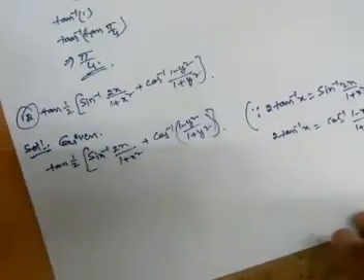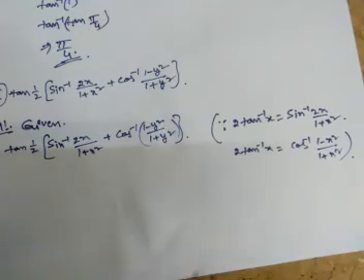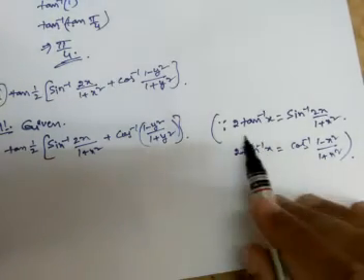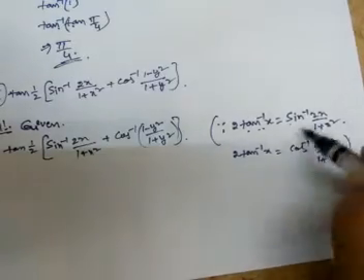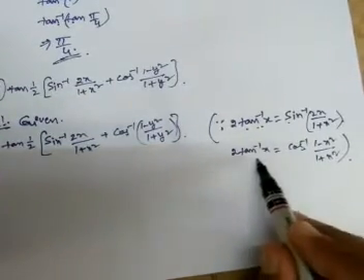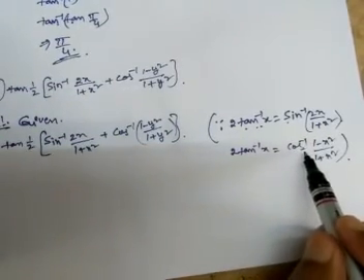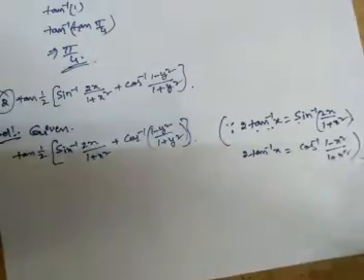Already I have given the formulas. From that list I am writing 2 into tan inverse of x equals sin inverse of 2x by 1 plus x square, and 2 into tan inverse of x equals cos inverse of 1 minus x square by 1 plus x square.